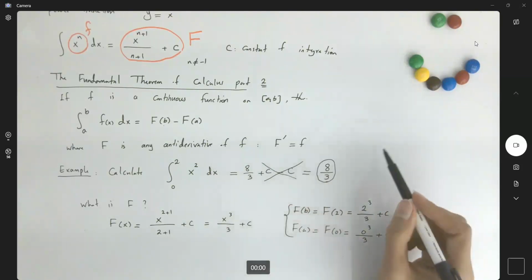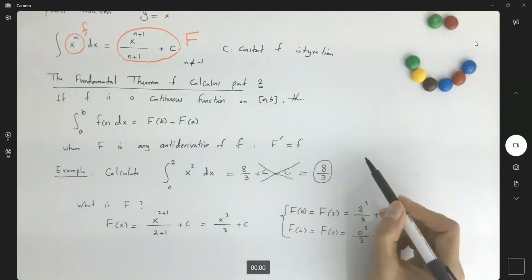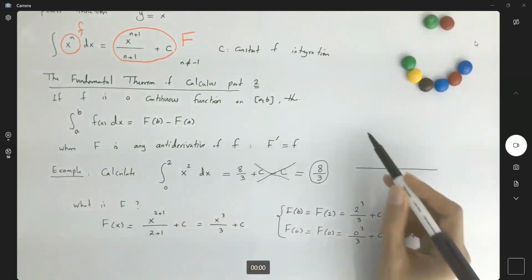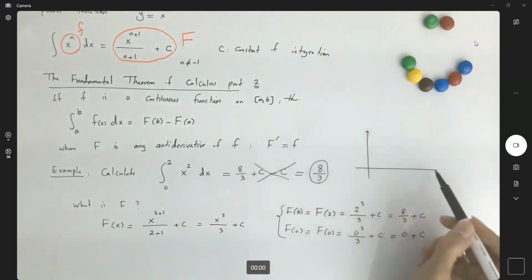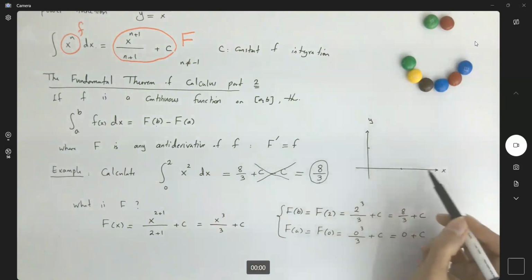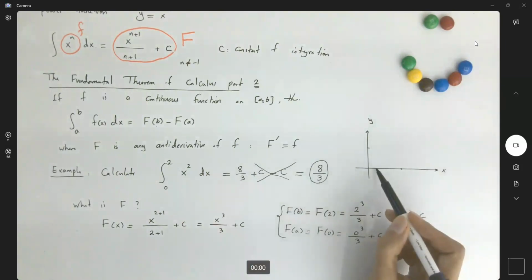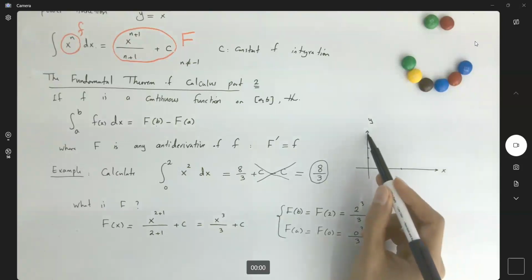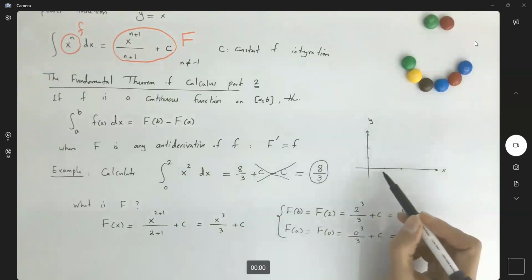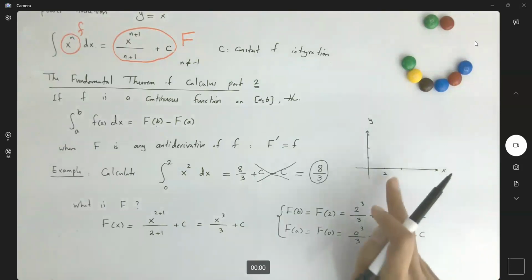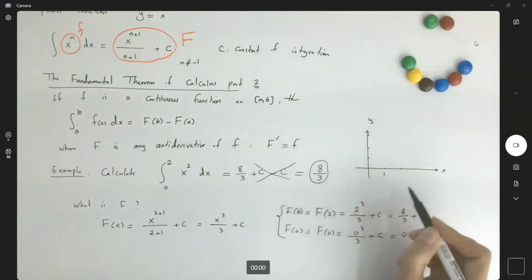What we actually did, we actually graphed this function x cubed, x-axis, y-axis. So here let us have 2 and have, for example, let's just have 1 here.